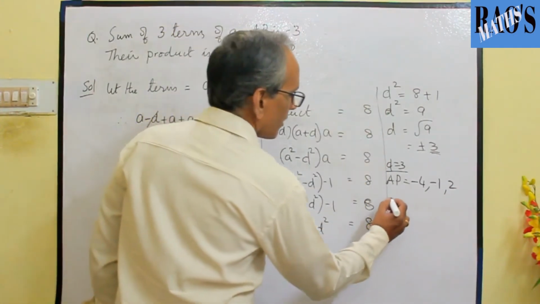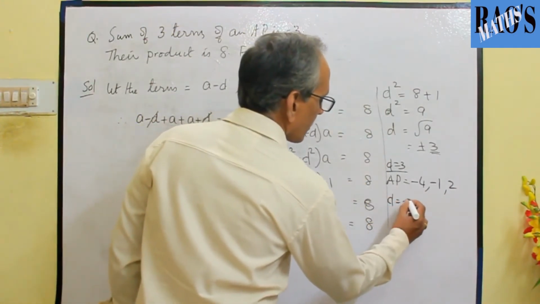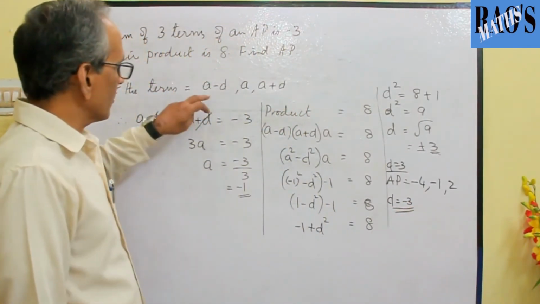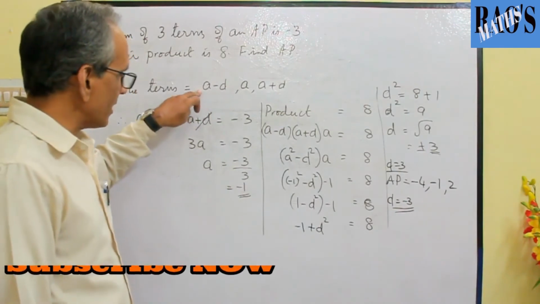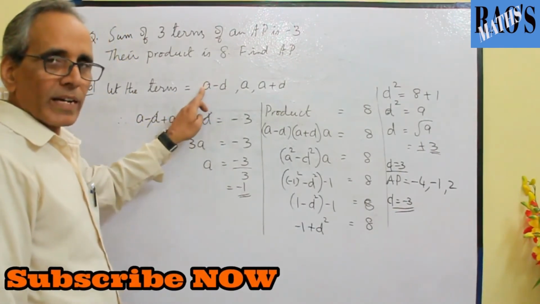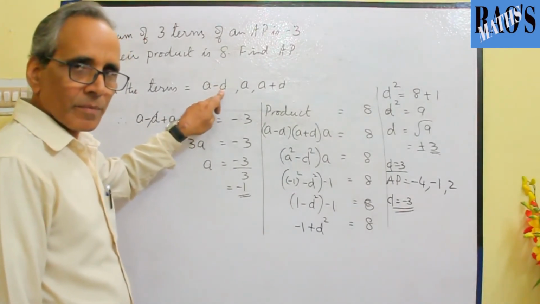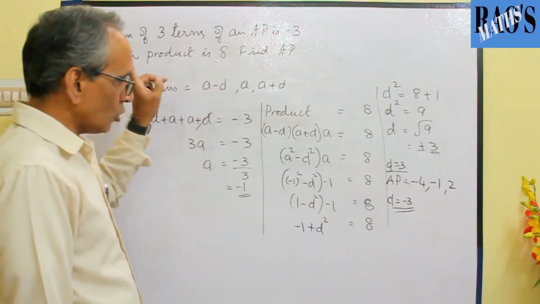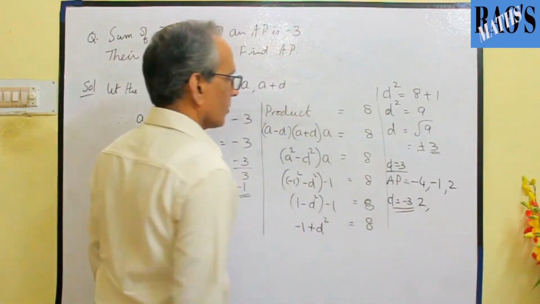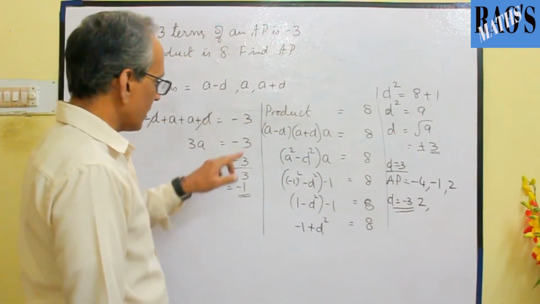If D is equal to minus 3, the first term, A is minus 1, D is minus 3. So minus of minus 3 is plus 3. Plus 3 minus 1 is 2. And the middle term A, that is minus 1.